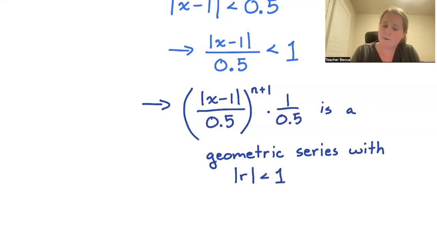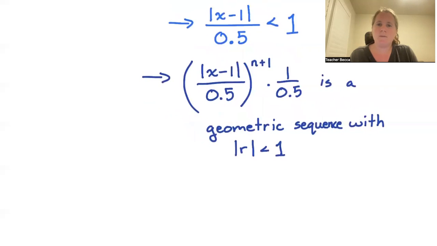A geometric sequence, I apologize. So it is a geometric sequence with absolute value r less than 1. It will head to 0. You don't even need that part. We just know that it goes to 0.